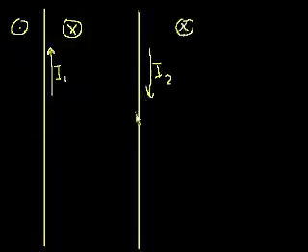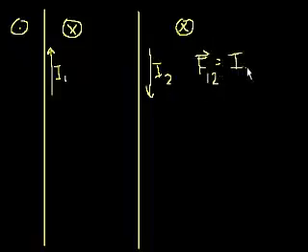Now, just as a little bit of review, the force created by current 1 on current 2, that's just the convention I'm using, you wouldn't always put the 1 first, is equal to current 2 times some length, let's call that length 2, along the wire. This is going to be a vector because it's a magnitude of length and a direction.